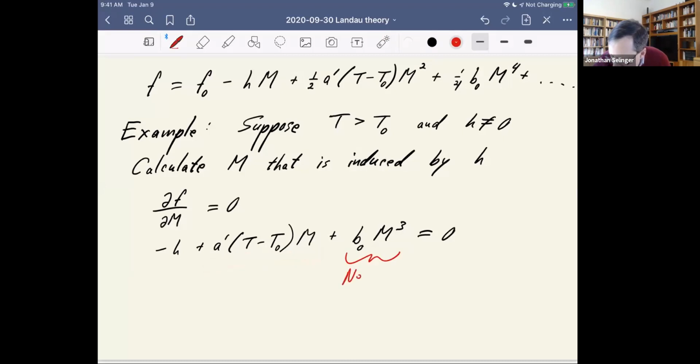We will make an approximation to neglect this for small m. And if we neglect that, then the equation becomes really easy to solve, right? Then it's just a linear equation. And the solution is just m is h over a'(T - T0).